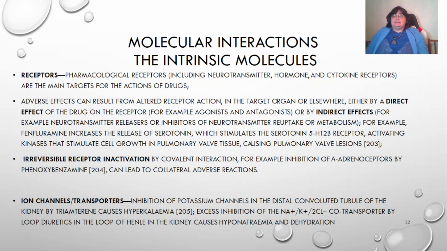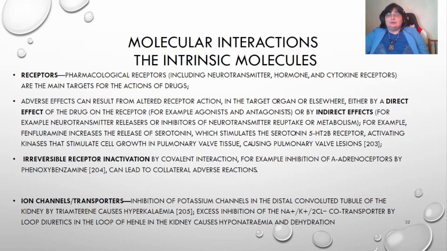Irreversible receptor inactivation by covalent interaction, for example, inhibition of alpha-adrenoceptors by phenoxybenzamine, can lead to collateral adverse reactions. Ion channels and transporters. Inhibition of potassium channels in the distal convoluted tubule of the kidney by triamterene causes hyperkalemia.